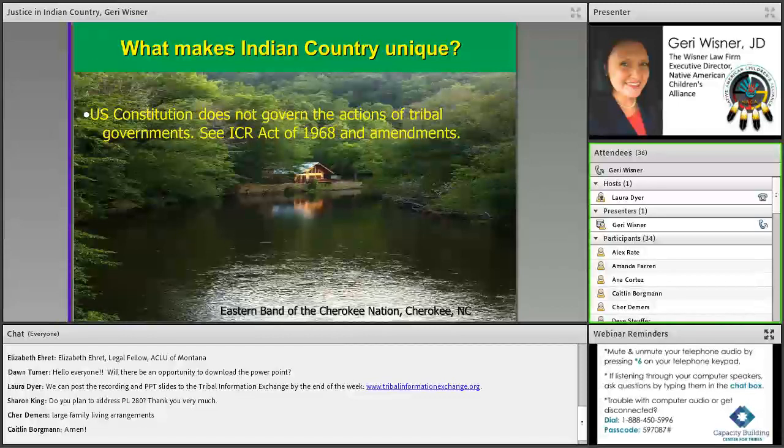That is not something that is going to be covered under the Indian Civil Rights Act. Because if you look at the whole purpose behind that, who was going to be paying for it? The federal government. So they did not include that with the Indian Civil Rights Act.